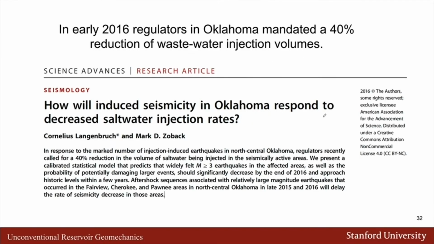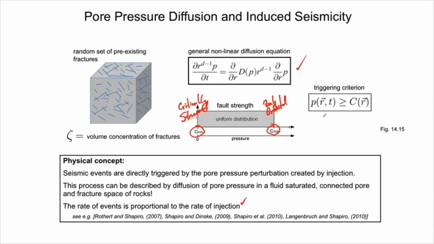Now, we did this study at two periods in time. And in this first period, when Cornelius and I wrote this first paper and published it in 2016, we did not have a hydrologic model. And so what we really wanted to do, in terms of the seismogenic index model, is say that the rate of events is proportional to the rate of pressure change.